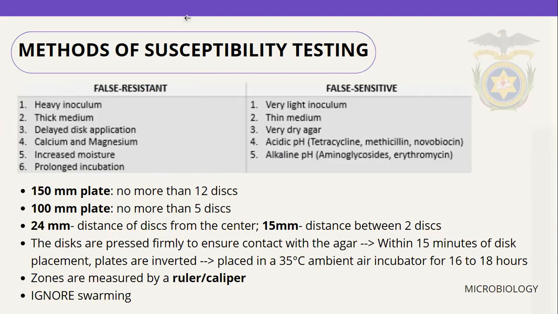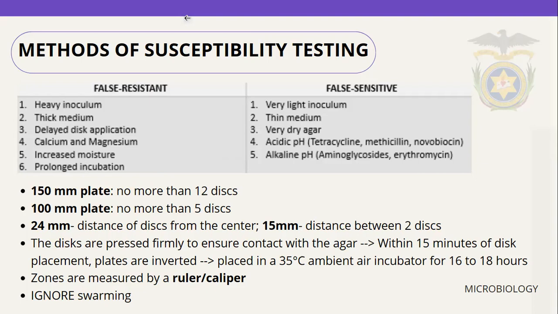And false sensitive: very light inoculum, thin medium, very dry agar, acidic pH, mainly due to antimicrobials like tetracycline, methicillin, and novobiocin, and alkaline pH caused by aminoglycosides and erythromycin, will lead or may lead to a false sensitive reaction.